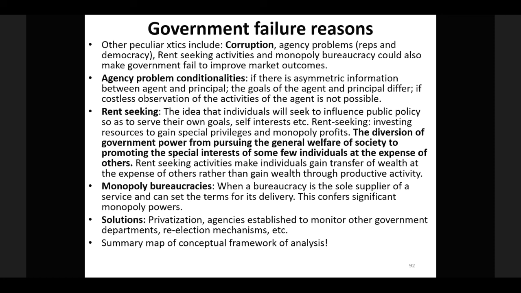There are also mechanisms that we want to implement to address some of these government failures. For instance, establishing institutions or agencies that can monitor the delivery of these public goods or government interventions.